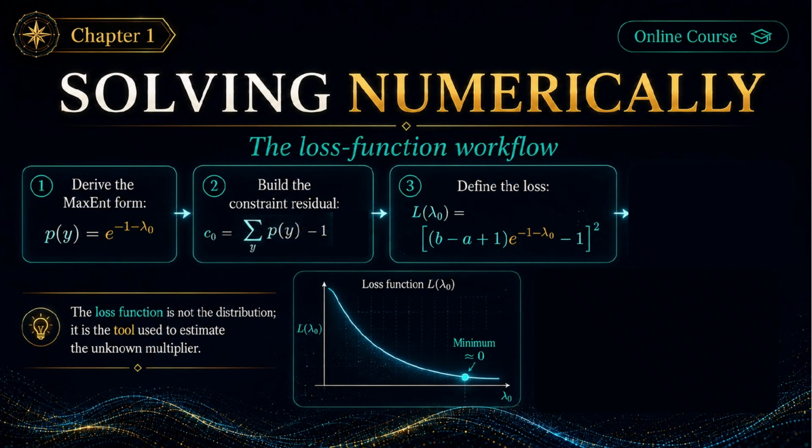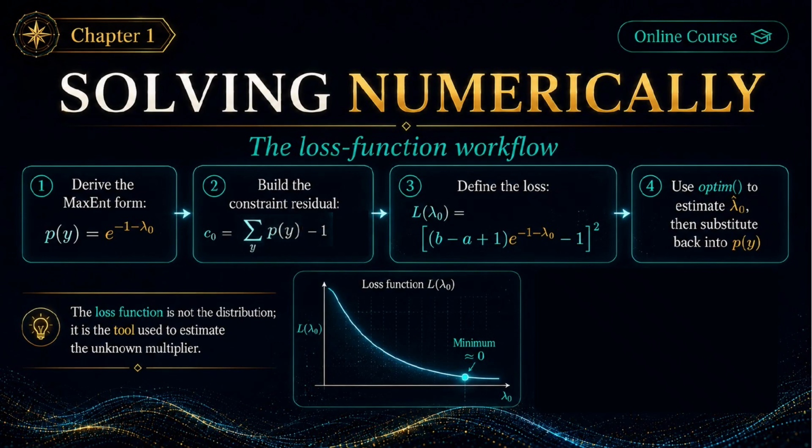It will tweak all of the unknowns until the loss gets to some minimum value. And here we hope that minimum value is pretty close to 0, minus some very small rounding errors. But at that point, the constraint is satisfied.